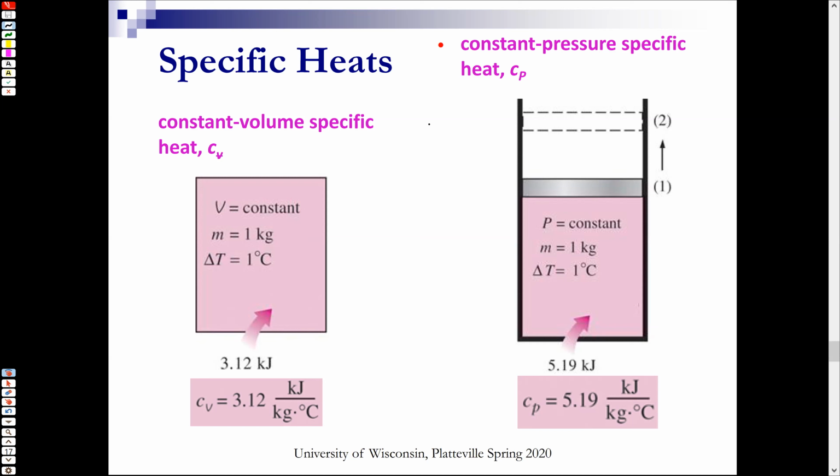The reason is obvious in this picture, because Cp is the heat that is consumed both to increase the temperature of the material by 1 degree Celsius and simultaneously to expand the material, right? It expands because it's in a cylinder piston device. So for the same material, for instance, Cp equals 5.19 kilojoules per kilogram degree Celsius. Later in future chapters, we will define Cp and Cv in a more precise way, but for now, this is enough.